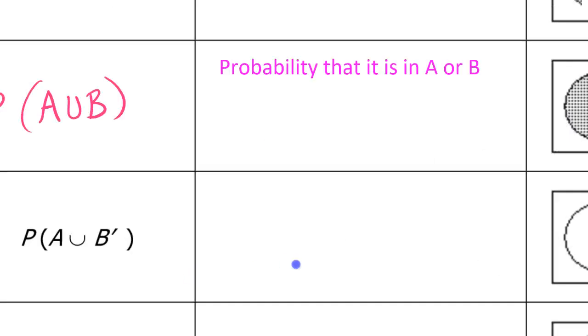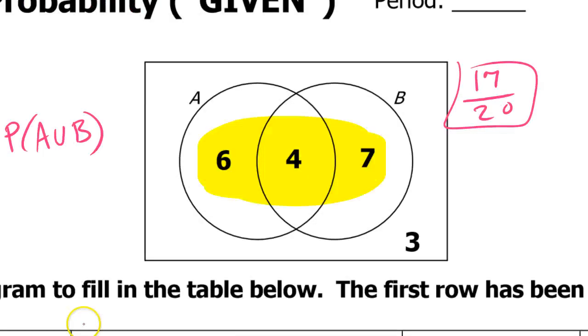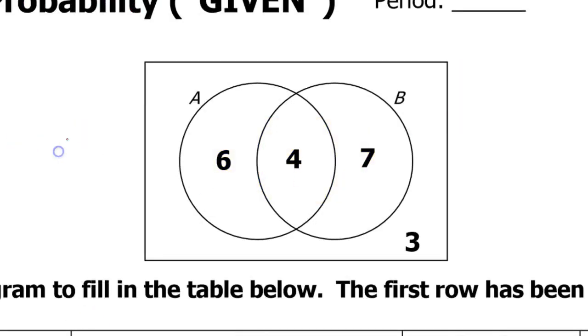Now let's take a look at what is next. For problem number 2, we have the probability of A or not B. Okay, so let's do the shading of that. So I want the probability of A or not B, the complement of B. So when we're doing union, and I'm saying or like this, we're going to shade everything that's mentioned.